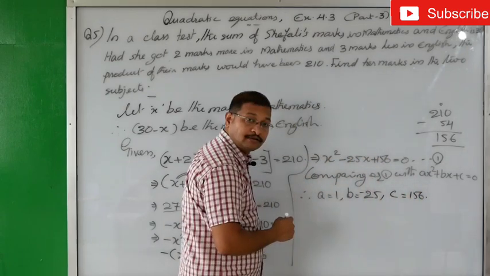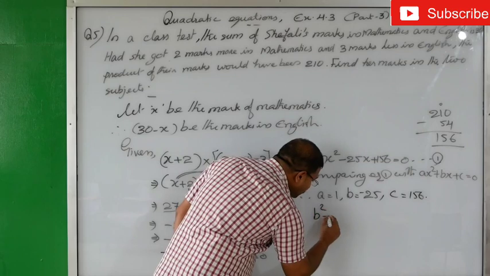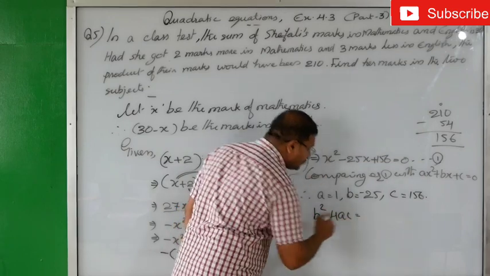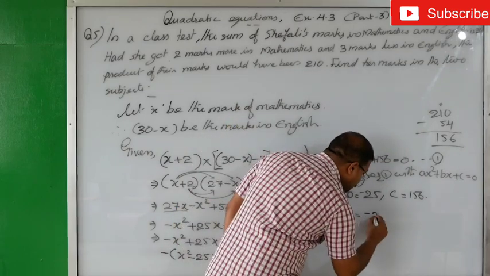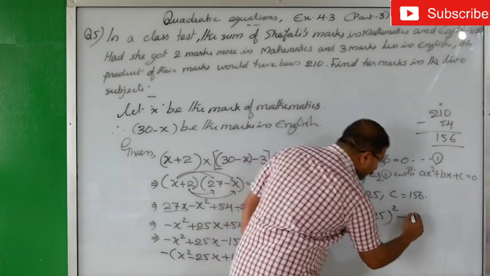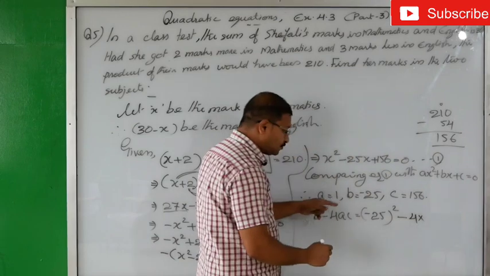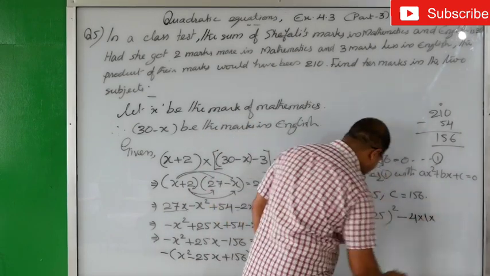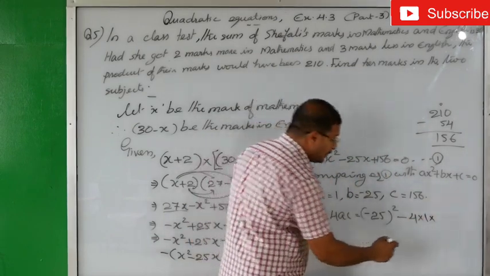Now what will we do first? B square minus 4ac. What is the value of b? Minus 25, the whole square, minus 4 into a, which is 1, into c, which is 156.